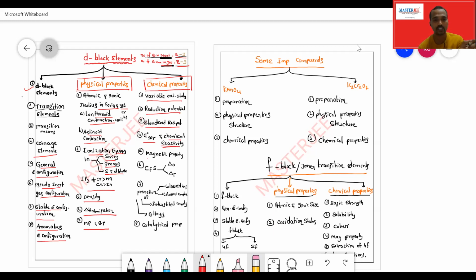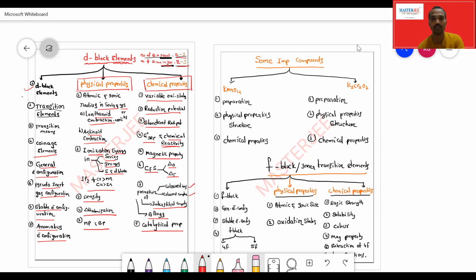Next, magnetic property. Next, crystal field splitting in octahedral complexes and tetrahedral complexes. Next, formation of different colored ions, formation of colored complexes, formation of interstitial compounds, formation of alloys, and catalytic activity. In chemical properties, we have to discuss all these things.